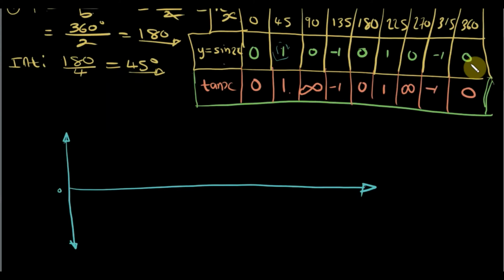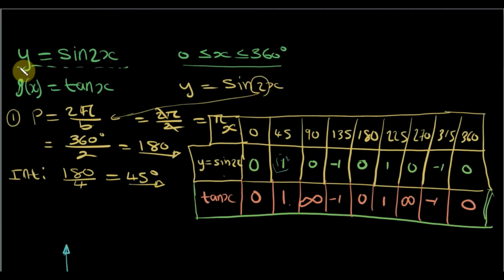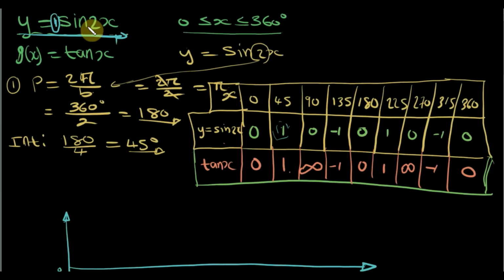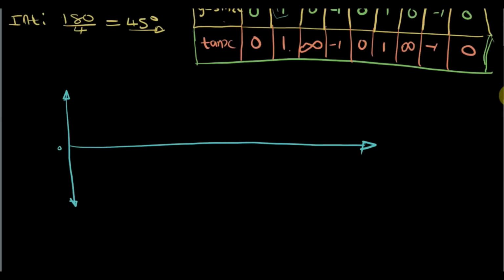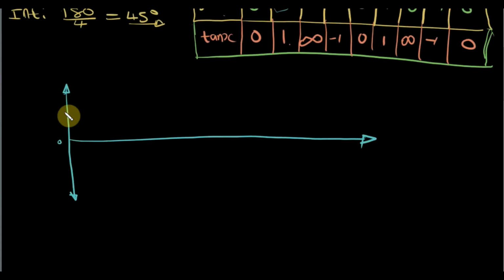So just by looking at y is equal to sine 2x, we can see that our amplitude is 1. If there was a negative there, the amplitude would still be 1 because we only consider the absolute value, which is 1 in this case. So the amplitude is 1 and the lowest point would be negative 1.